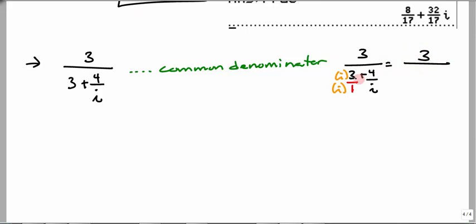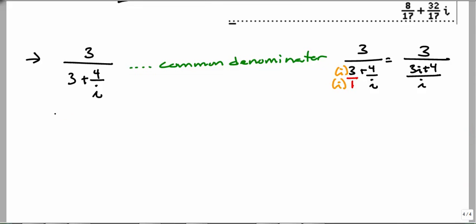So I have 3, and then I have 3i plus 4. And now since this is a common denominator, I can rewrite that under one denominator. Now, the rule is when you divide by a fraction, you multiply by the reciprocal. So this is going to be 3 divided by (3i plus 4) over i.